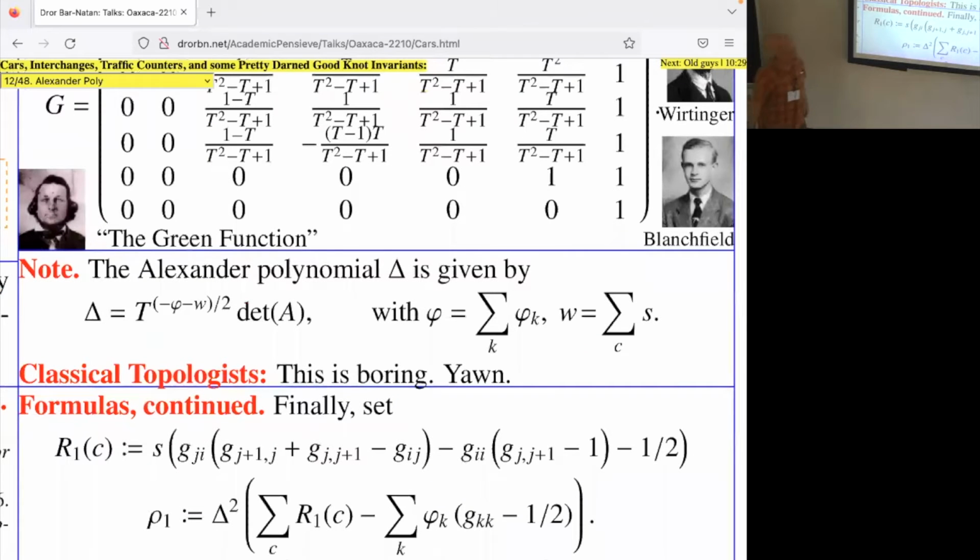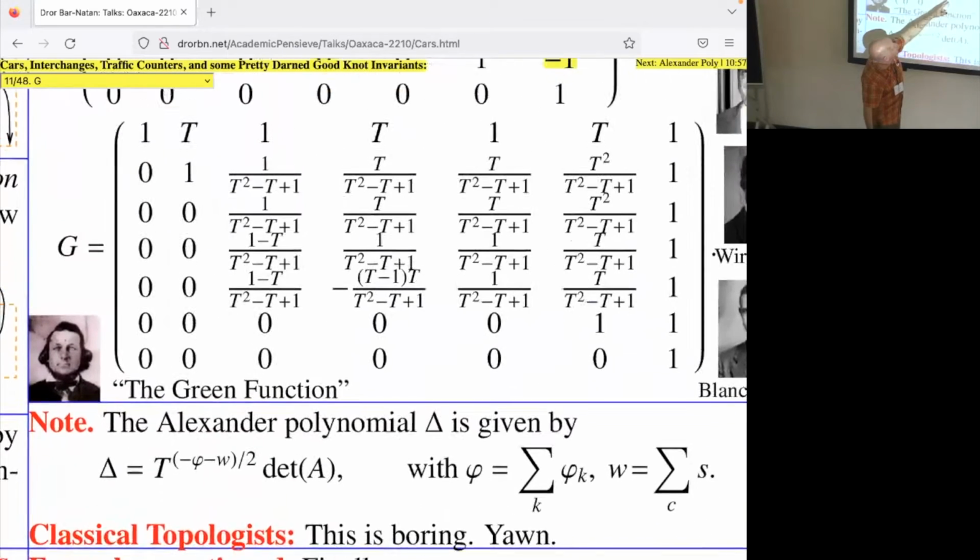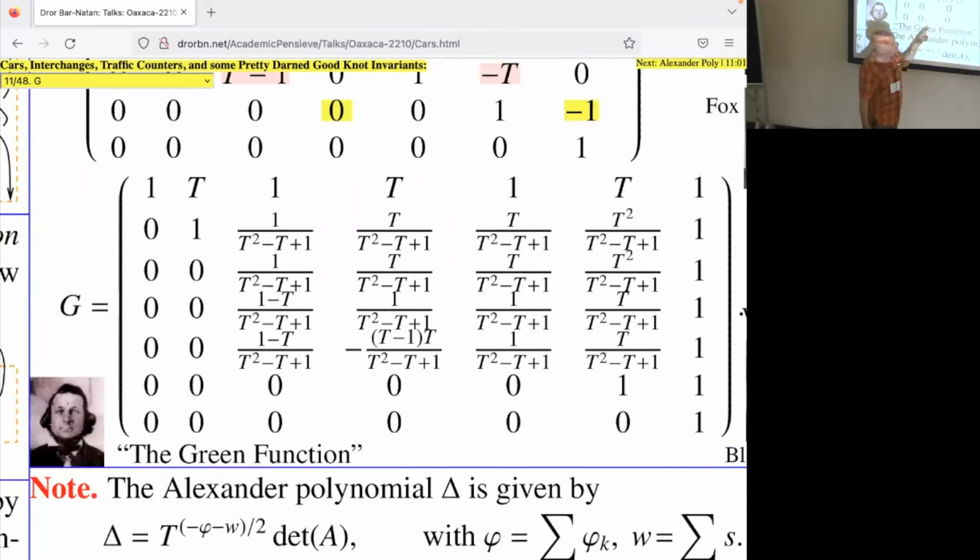Now, a note is that the Alexander polynomial of the knot is given by essentially the determinant of A, with some power of t renormalizing it to make it properly normalized. The power of t is related to the total rotation number. The determinant of A is, of course, the typical numerator that you see in the inverse of A. So the numerators are always the Alexander polynomial, okay?